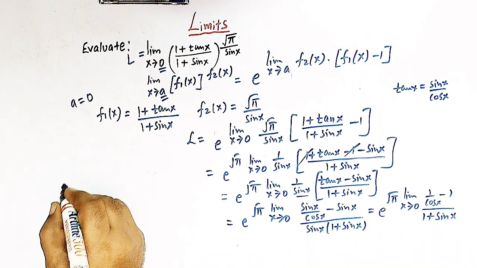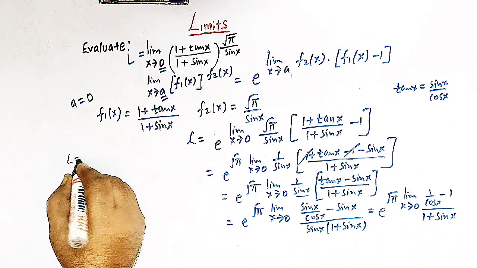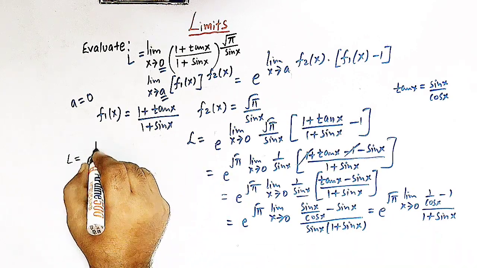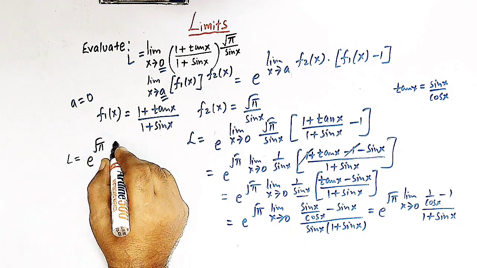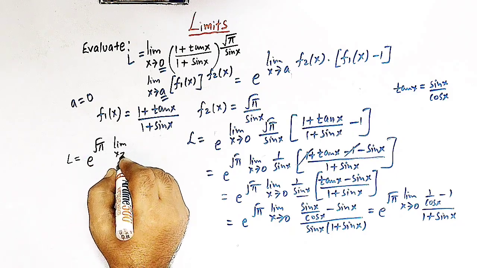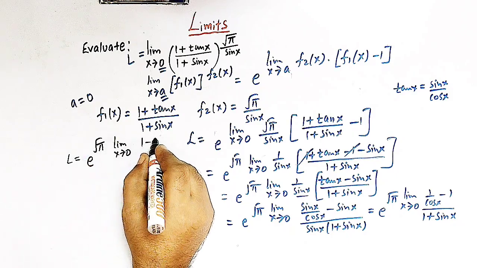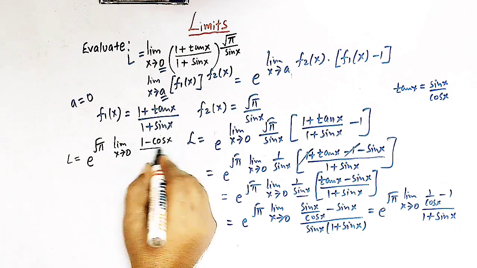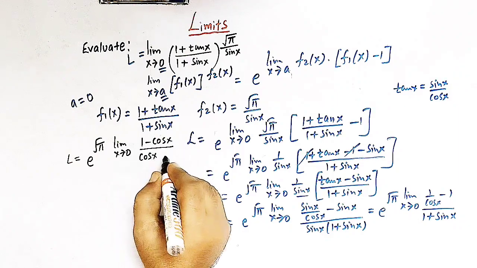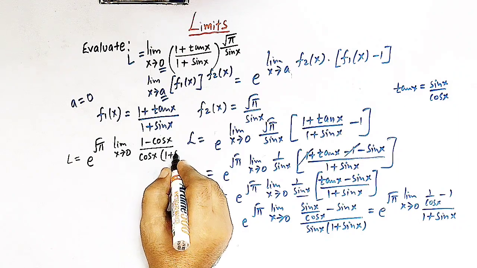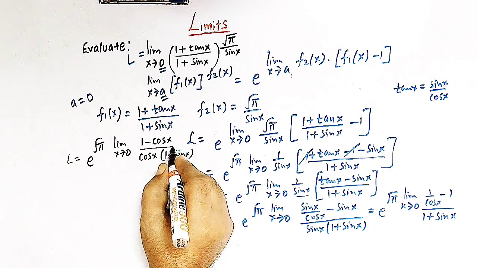So now we can write this limit L as e raised to square root of pi, and we have limit x tends to 0, (1 minus cos x) divided by cos x, and here we have 1 plus sine x, right?